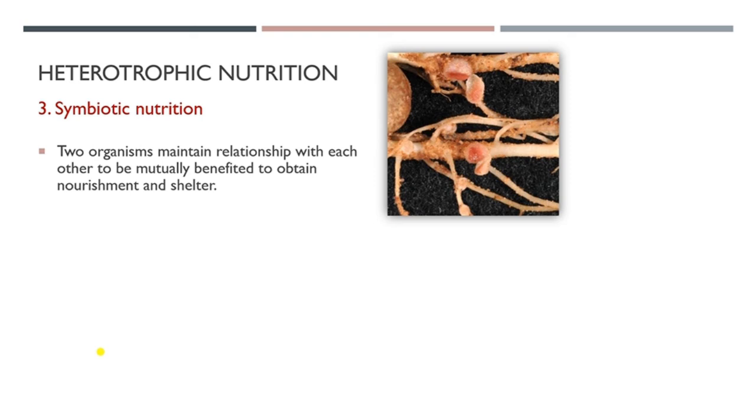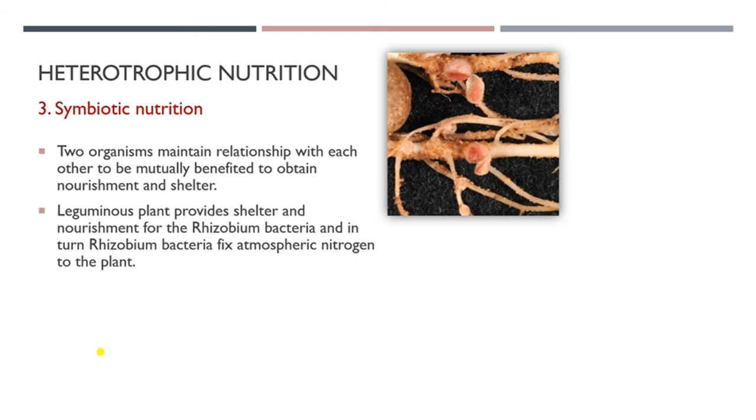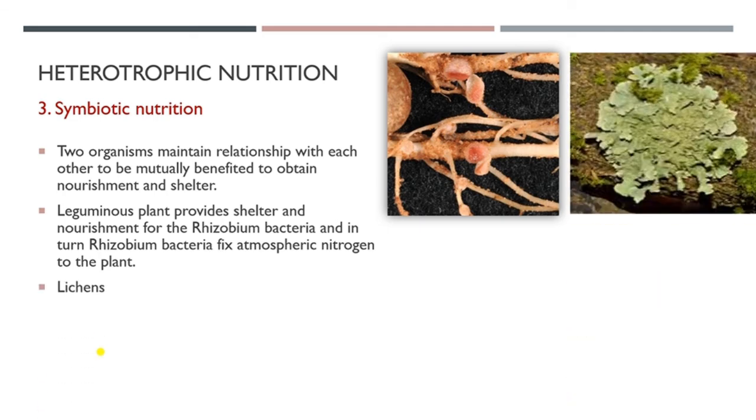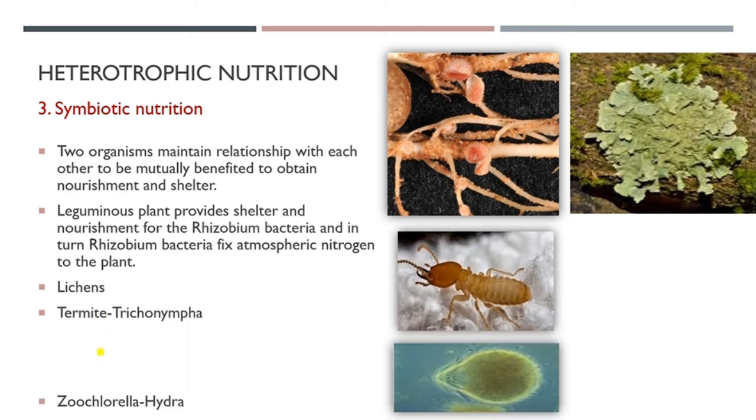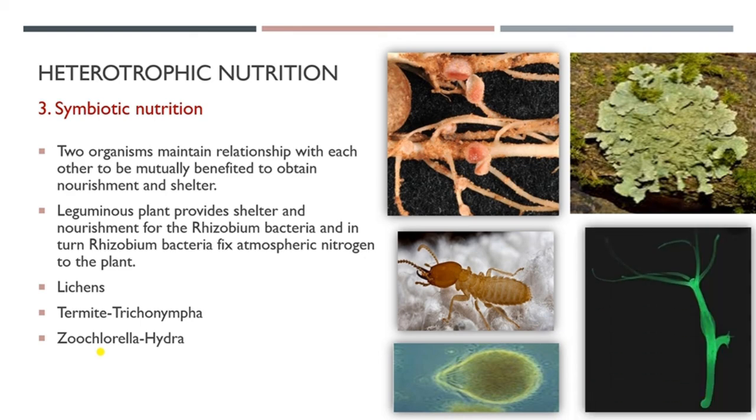The leguminous plant provides shelter and nourishment for the Rhizobium bacteria, and in turn, the bacteria fix atmospheric nitrogen for the plant. Both are benefited. Other examples are lichens, termite, Trichonympha, Chlorella, and Hydra.